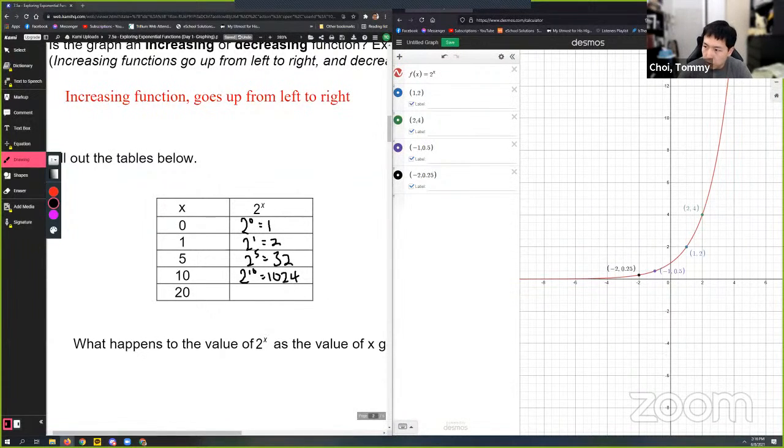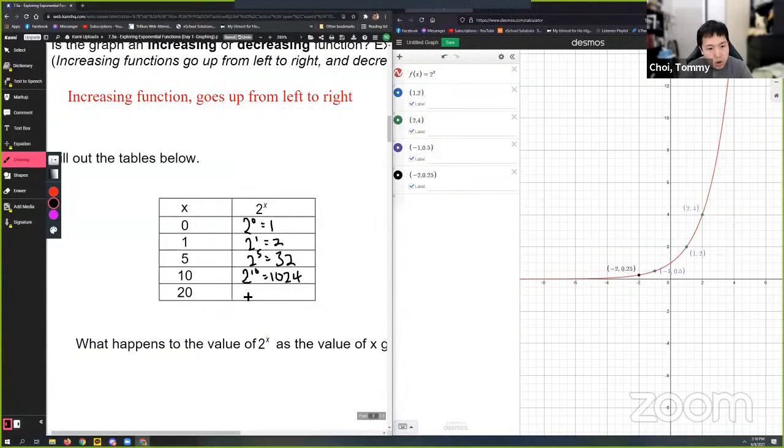And then 2 to the power of 20, I think it's 1 million. Yeah, there it is. So 2 to the power of 20 is 1,048,576.